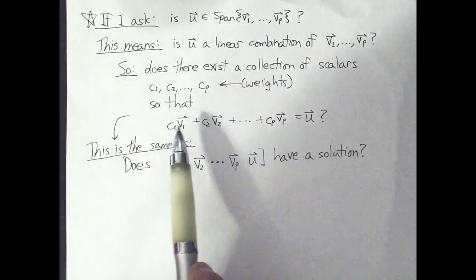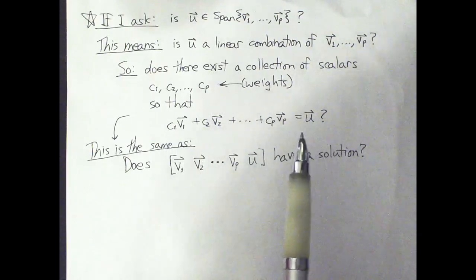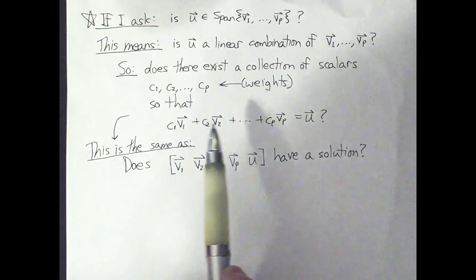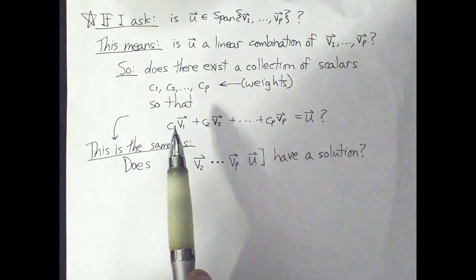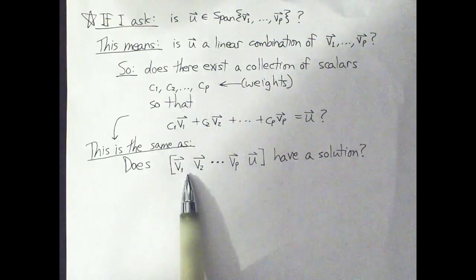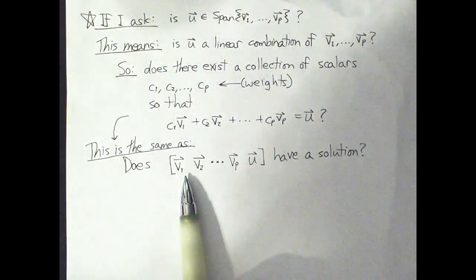Because if this is true, then you've got a linear combination with all the weights. And the best way to find out if those weights exist is by setting up this system and finding out if it has a solution. Because if this system has a solution, that solution will be the weights.